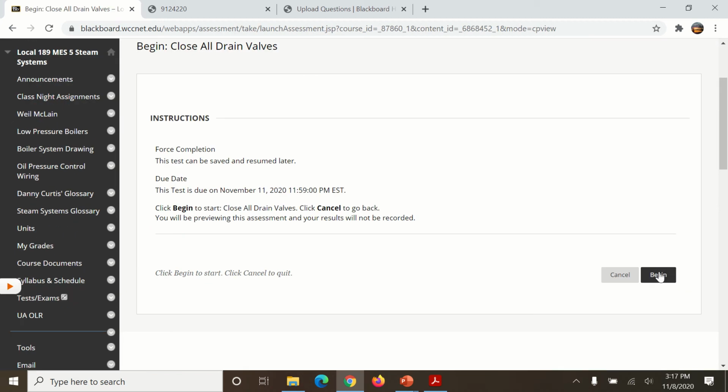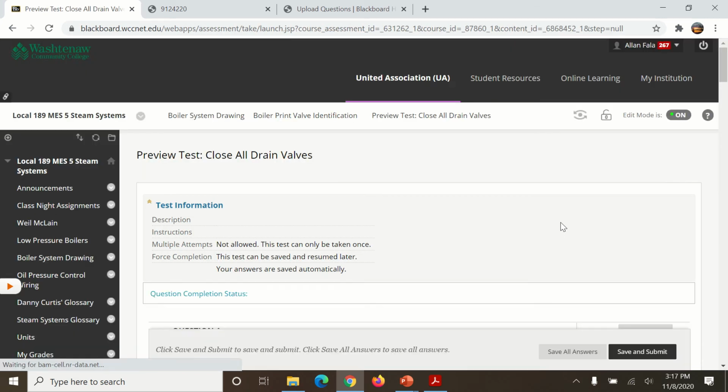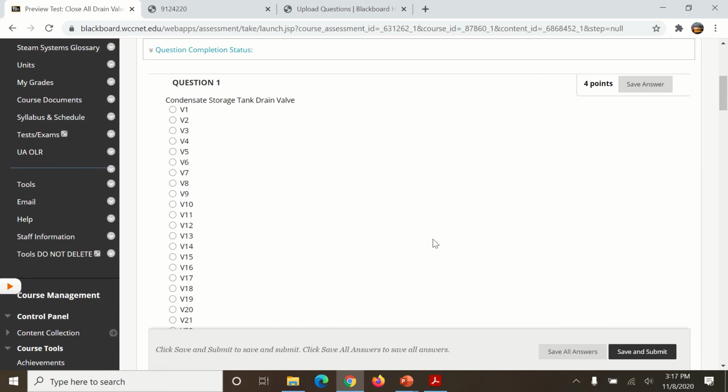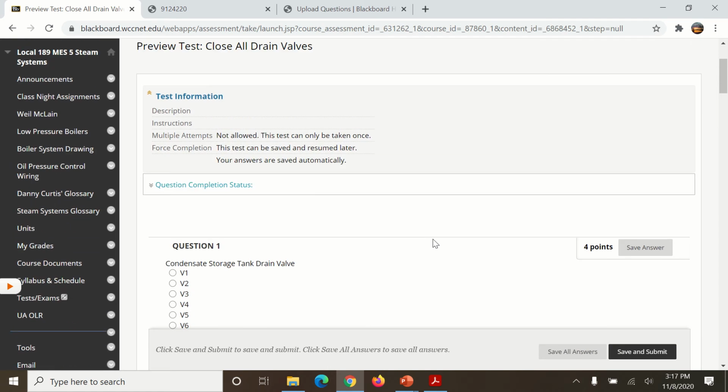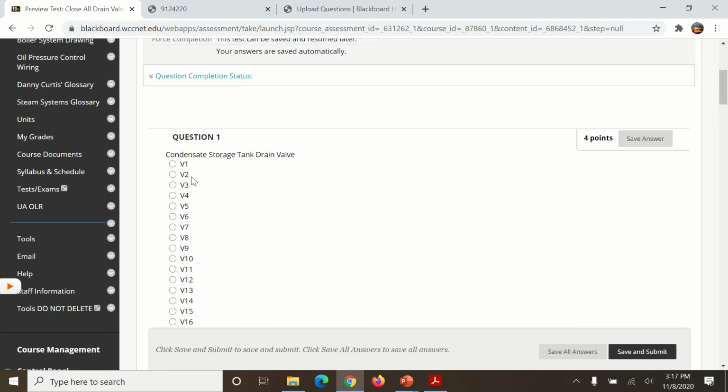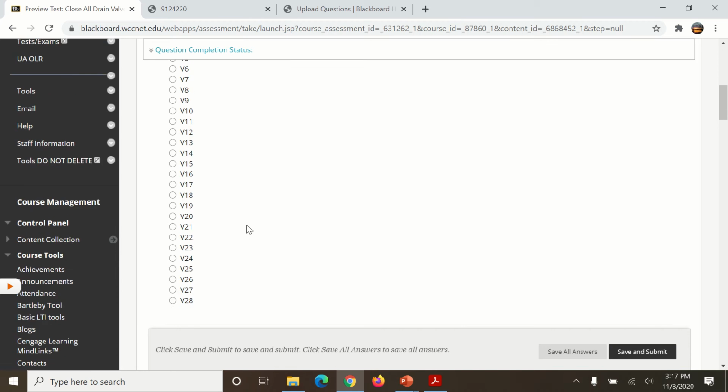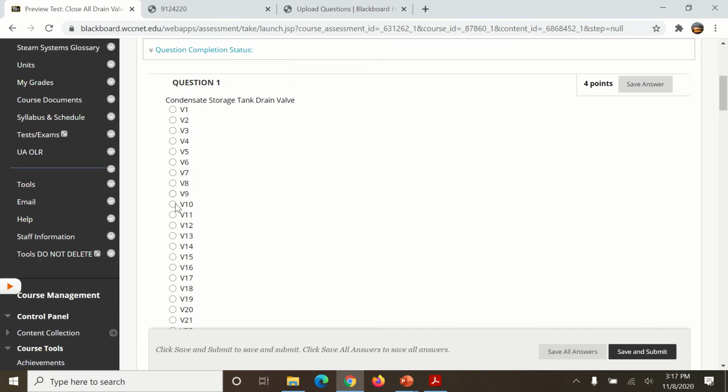This is a matching question. Oh no, I'm sorry. This is multiple answer. It says condensate storage tank drain valve. Well, there's 28 valves, and what you have to do is figure out which one of those it is.